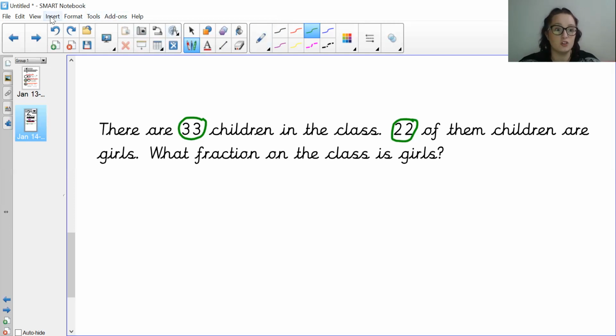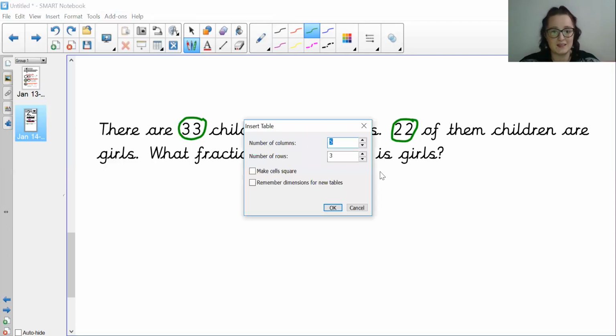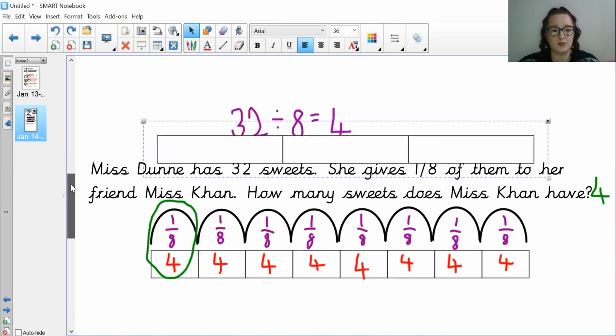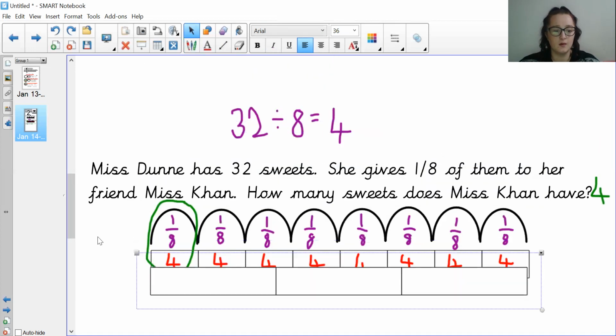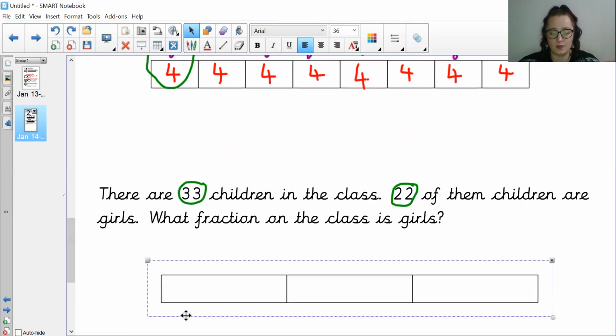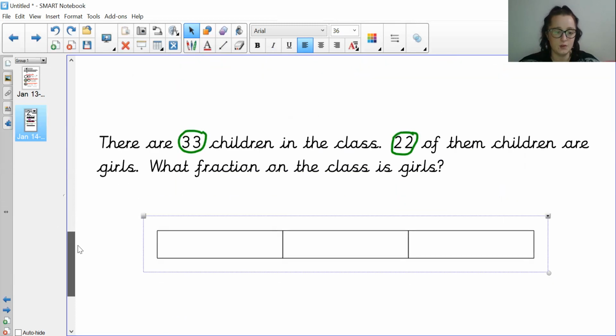We need a table, don't we? We need a bar chart. So let's get a bar chart on. It always disappears on me. There we go. Let's bring it down to our question. There we go. Right.